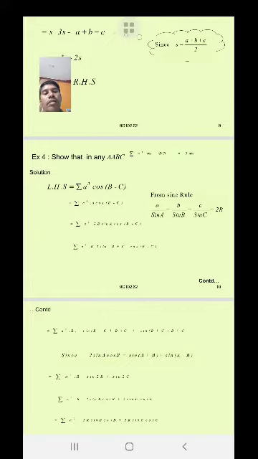Here the sine rule is given, you can observe, and cos of b minus c as it is.